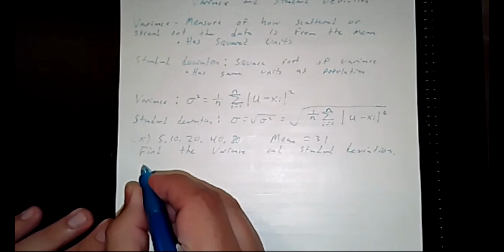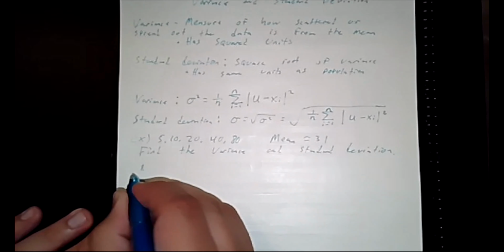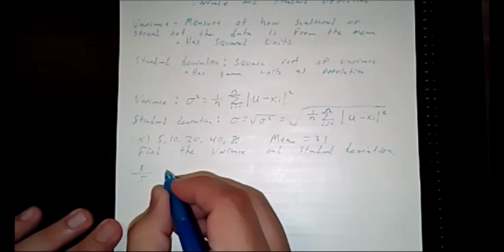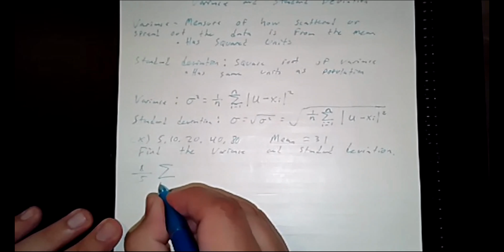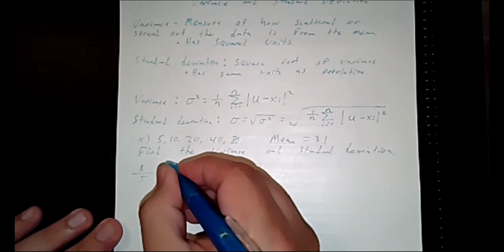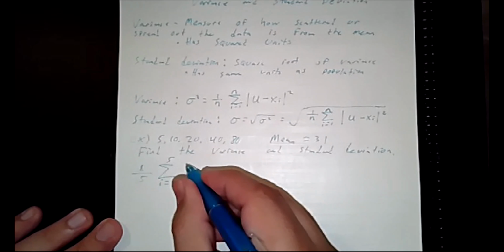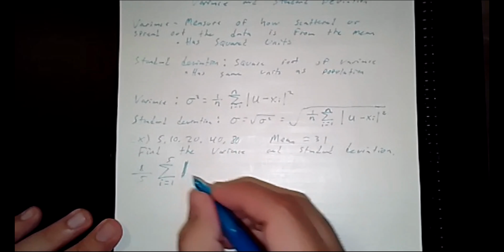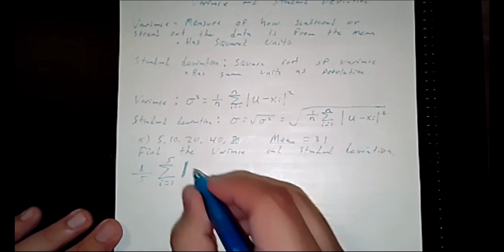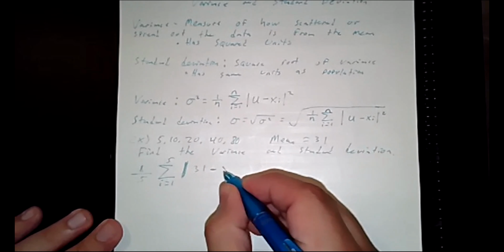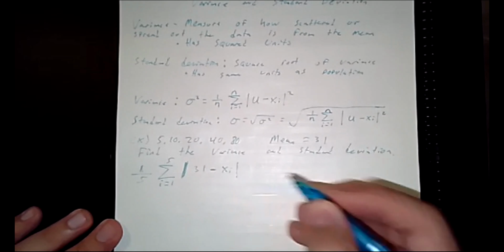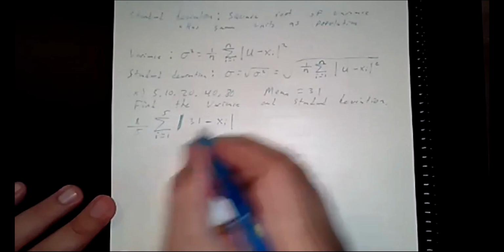So here we go. We have 5 elements times the sum from i equal to 1 to n, which is 5, of the absolute value of the mean minus every single data point, squared.